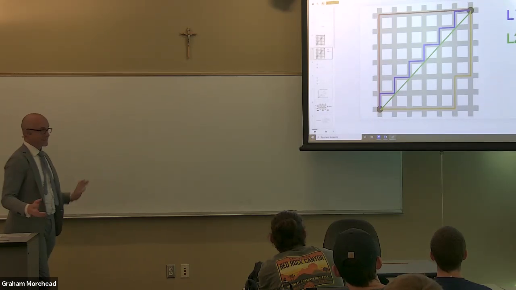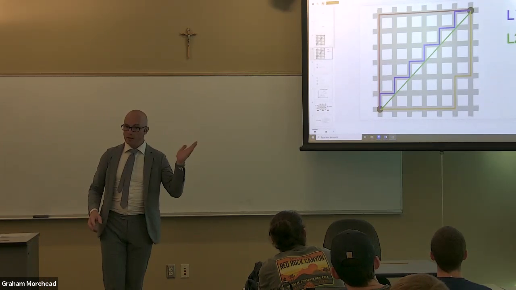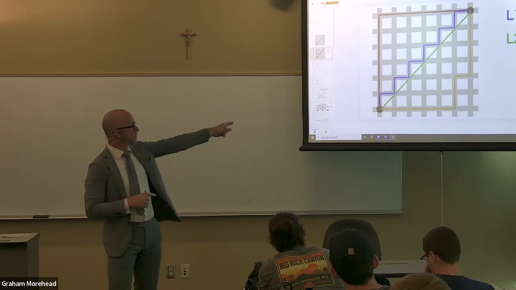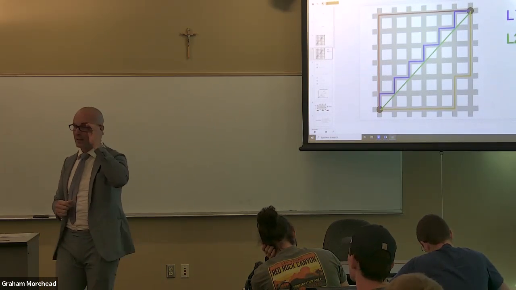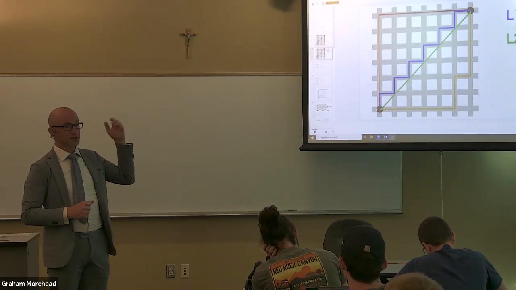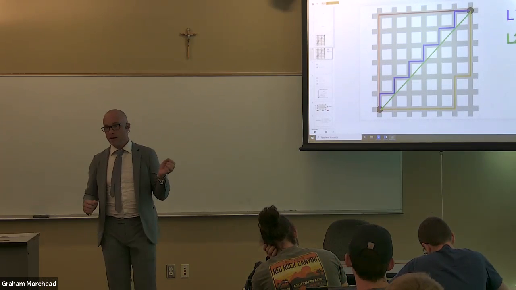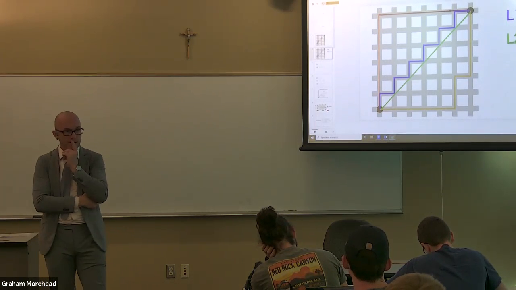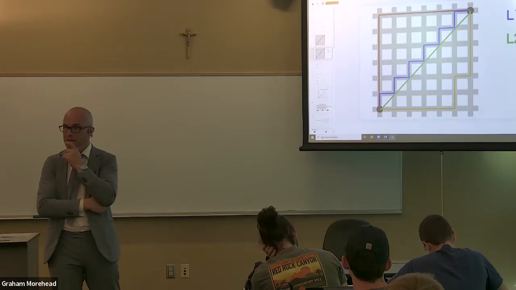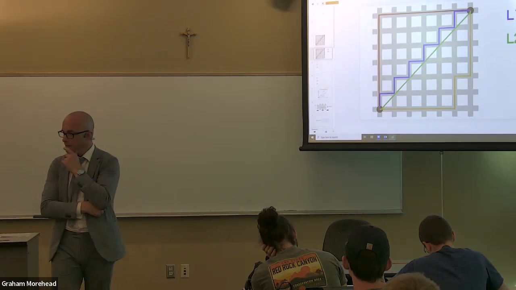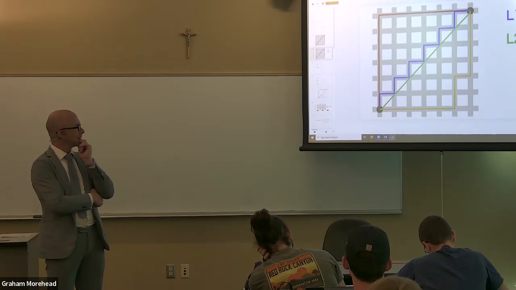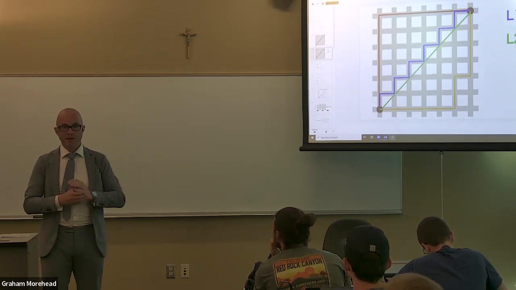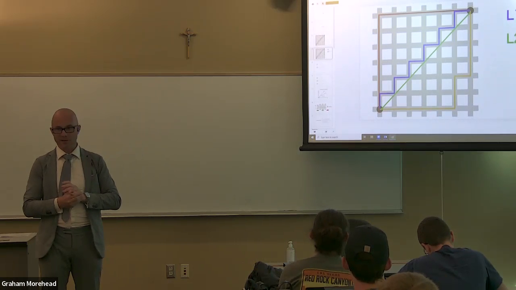We have another name for these distances. L1 and L2. L1 is the blue or Manhattan distance. And L2 is Euclidean. And what do you think that number refers to? The number 2 is specific to something.